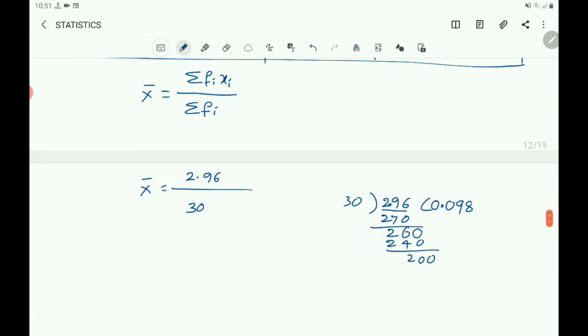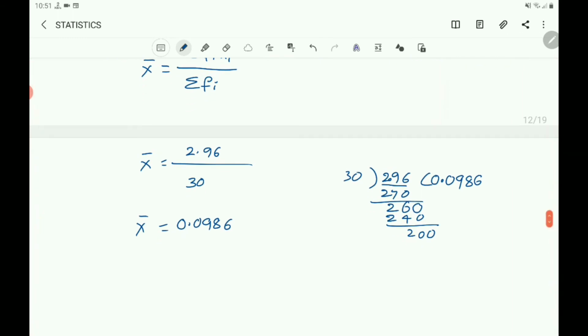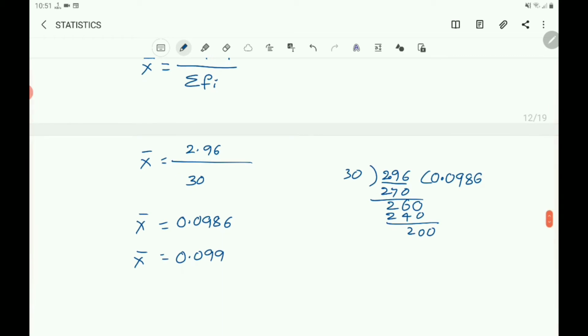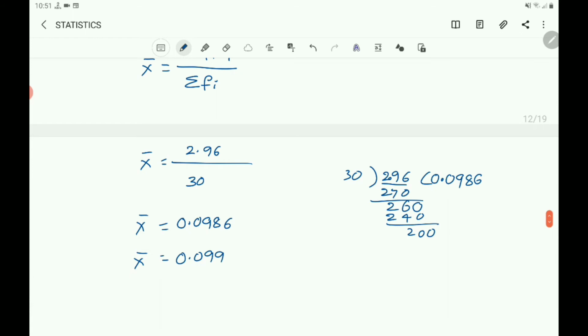Then again 200 means 3 6s are 18, 3 7s are 21, becomes more. So you will get x bar equals 0.0986. So you can write it, x bar equals 0.099.